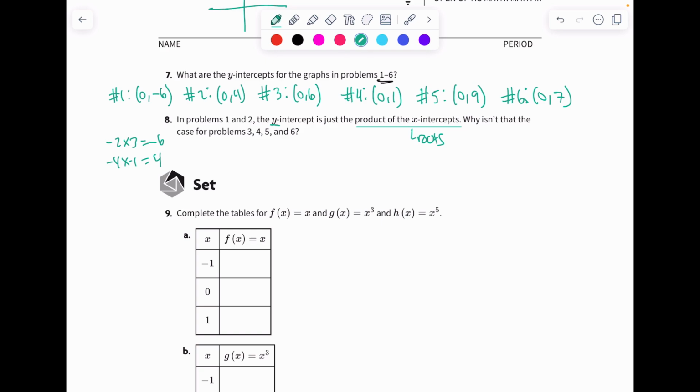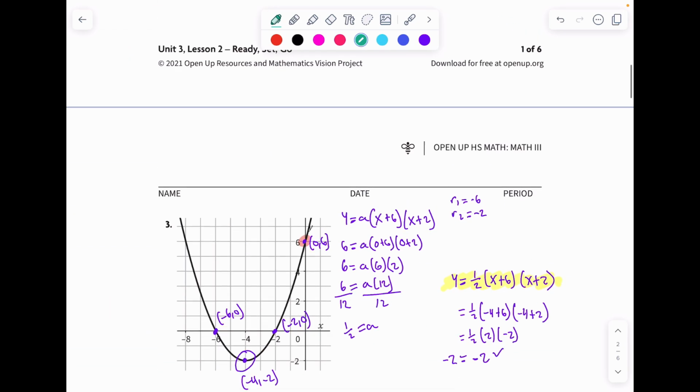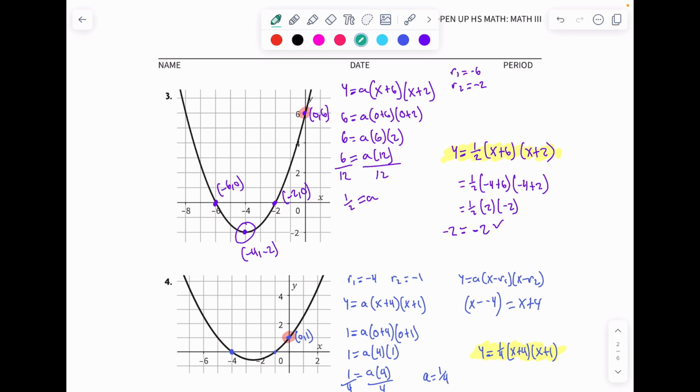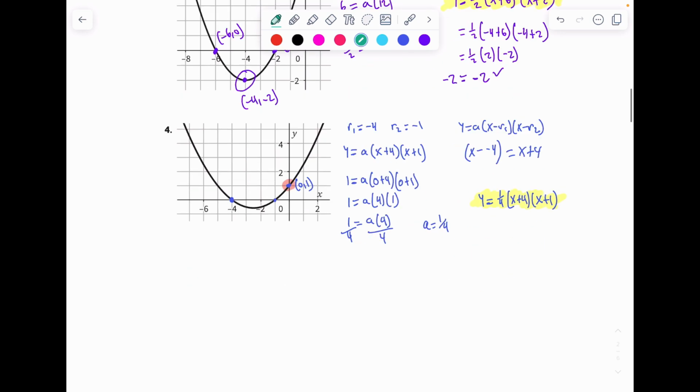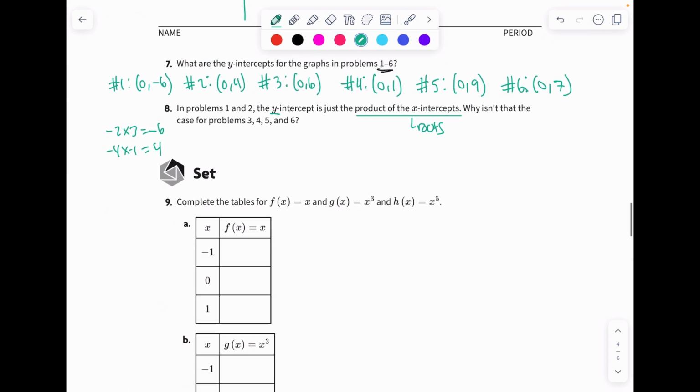Why isn't that the case for problems 3, 4, 5, and 6? So let's think about problem 3. Here we have a -6 and a -2. If you multiply them out, you would get positive 12. So for number 3, -6 times -2 is equal to 12. But my y-intercept is supposed to be 6. Okay? So what would need to happen?